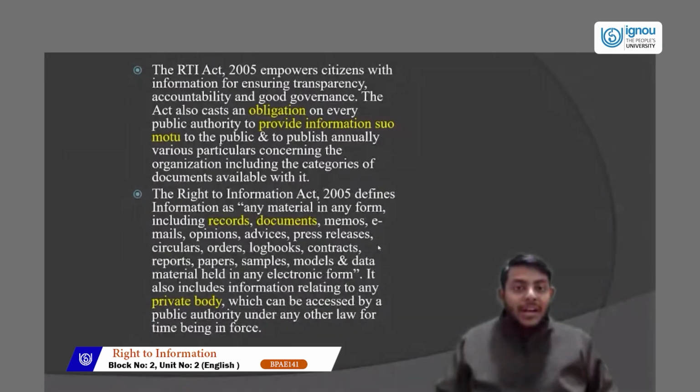They all are now under the purview of the RTI Act of 2005. And this also includes information relating to any private body which can be accessed by a public authority under any other law for the time being.